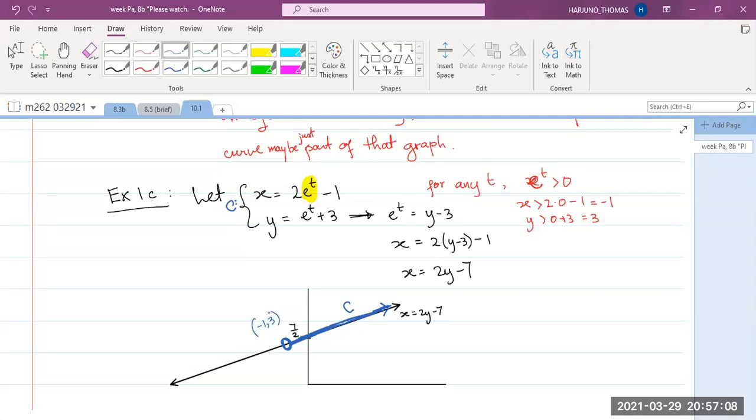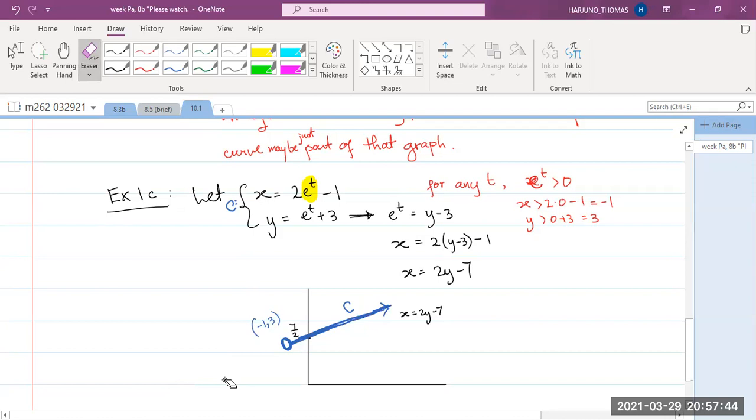you may get a graph, a curve, which is larger than what that parametric curve is supposed to be. You see what I mean? When I eliminate the parameter, I get the black line, right? While if you look back into the range for the x and the y's, for any t, the range for x and y, that's not all real numbers. It actually only looks like this.